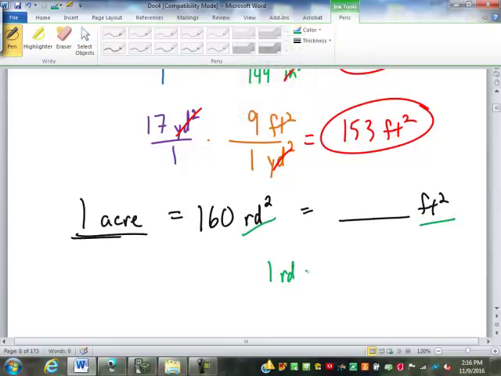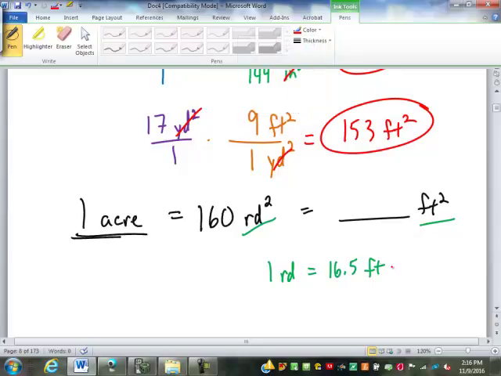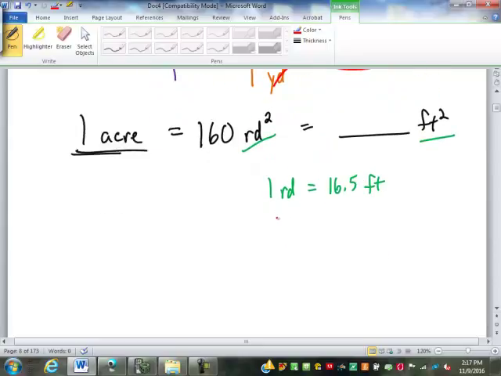We know that 1 rod is how many feet of length? 16.5, yes. If it's square rods and square feet, what we saw up above is we can just square each piece of this. Of course, 1 squared is 1.